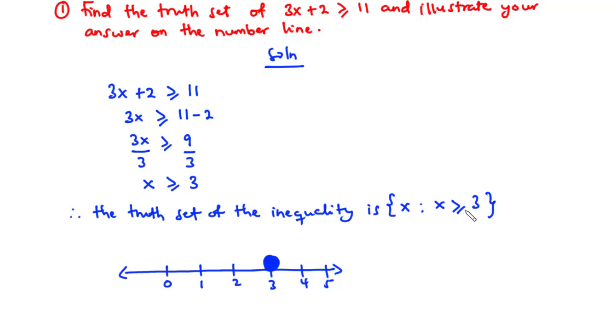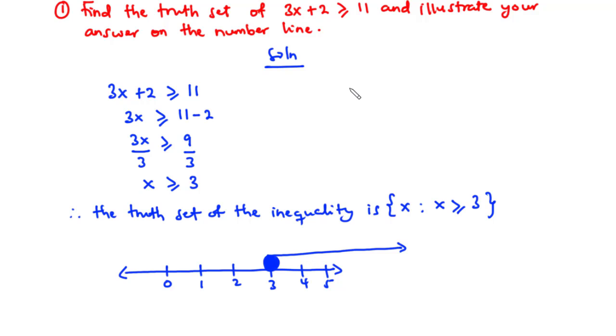And then because it is greater or equal to 3, we move in this direction. This direction consists of numbers that are greater than 3, so we have 4, 5, 6, and so on. So if you have x is greater or equal to 3, then that is how the representation on the number line is going to be like.